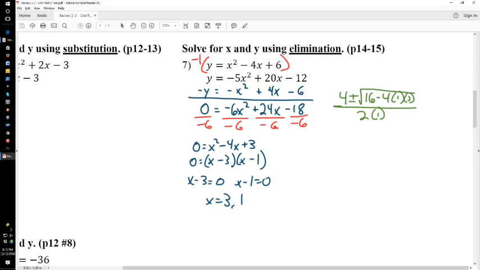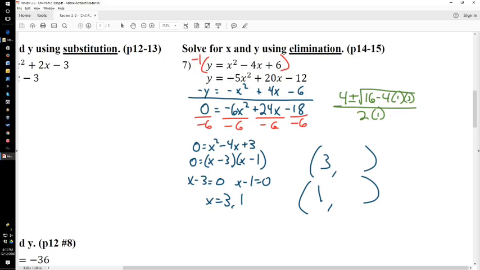And again, we're not done. These are systems, so you get 2 answers. So let's set up our points. We have one at 3, and one of them at 1. Take your x value, plug it into one of your equations. Does not matter which one you use. I'm going to use this one because it feels easier to me.